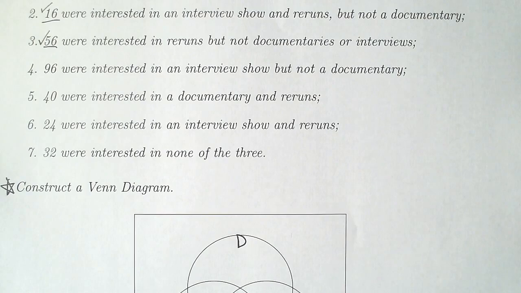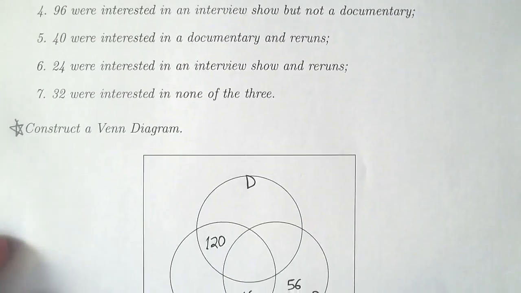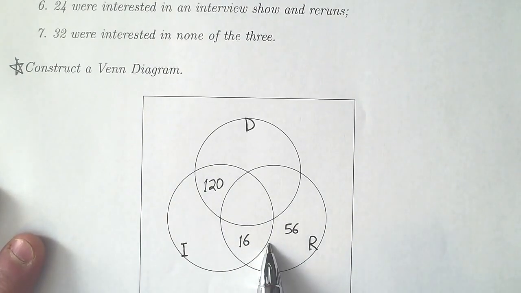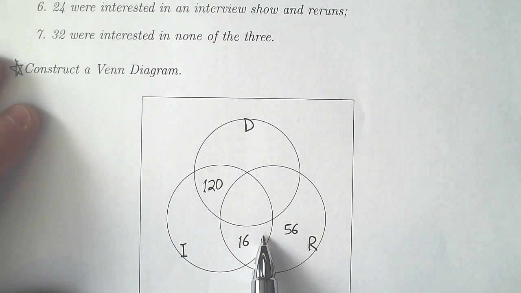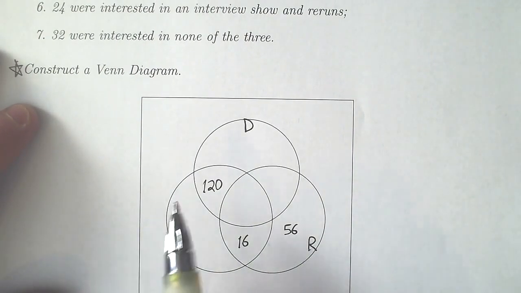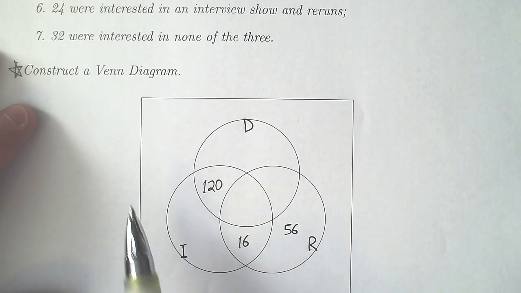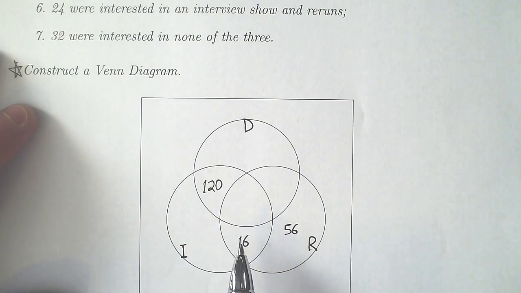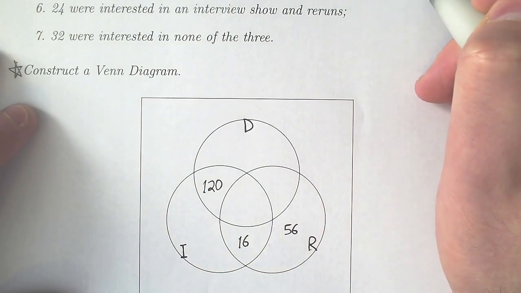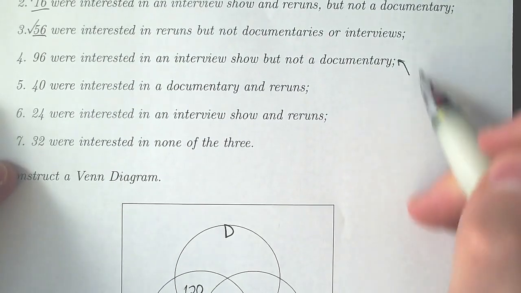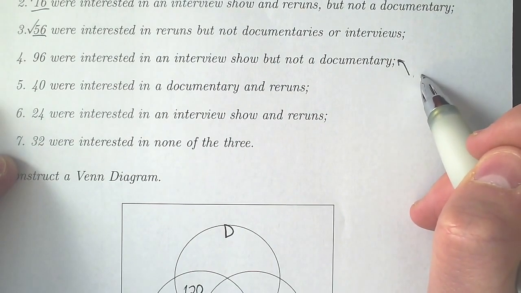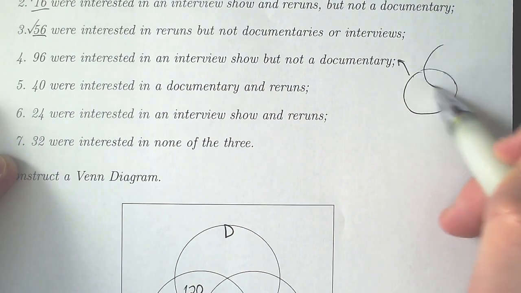96 were interested in an interview show, but not a documentary. So they're in the circle for I. They're not in the circle for D. Think about what that shape would look like. Or, like what part of this would I shade in if I was shading in that region? Like, they're interested in an interview, but not a documentary. I think what we would get would be this sort of crescent moon shape. I wish I had a bunch of scratchwork versions of this picture, but let's do a little one over here to show you what I mean.